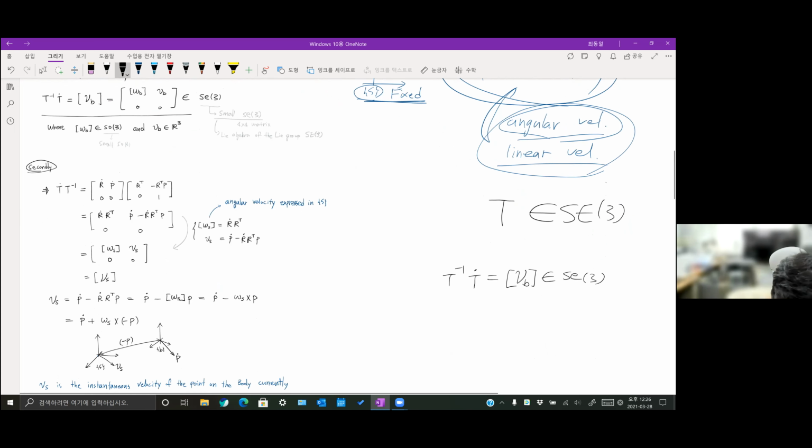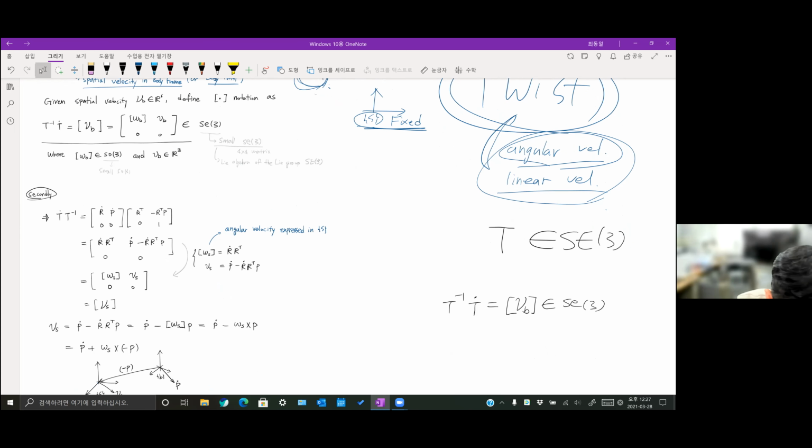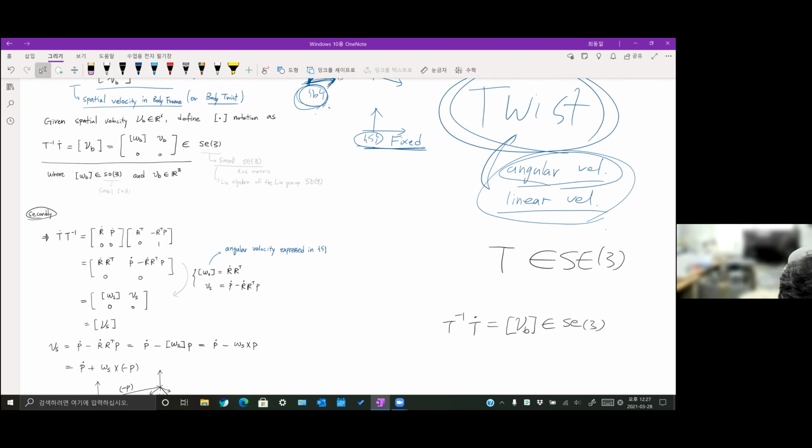When we write down this equation, these three brackets are all different.